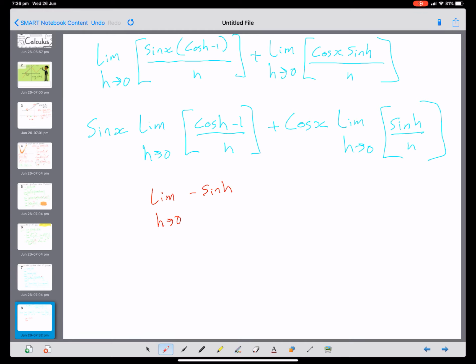The 1 goes, and we're just left with 1. Now we can do sine of 0.